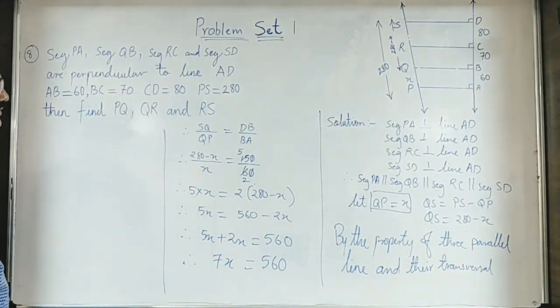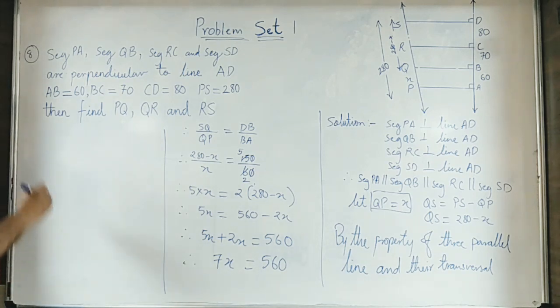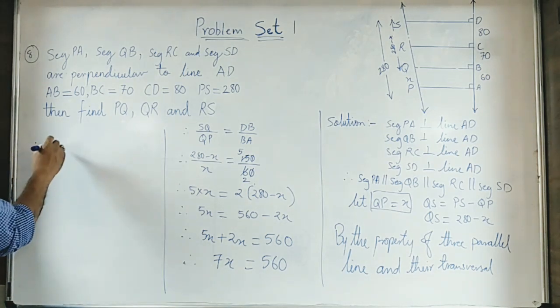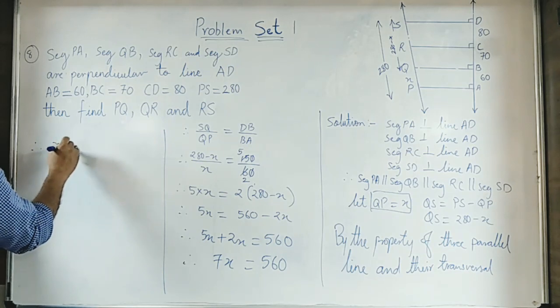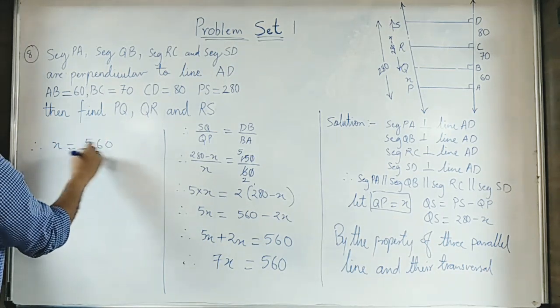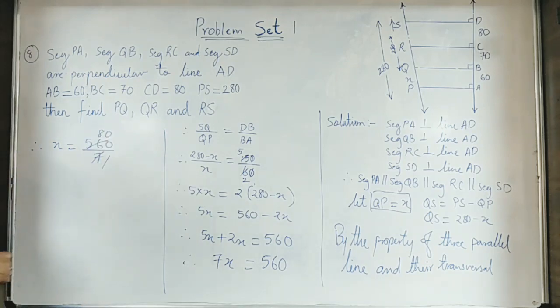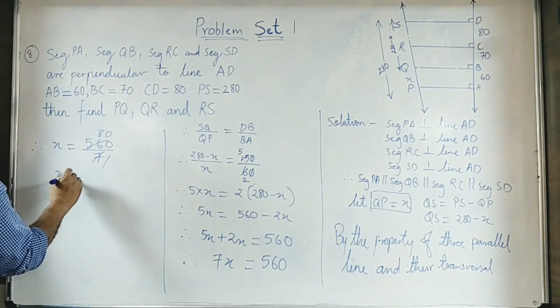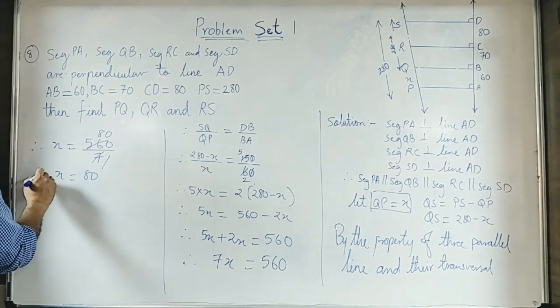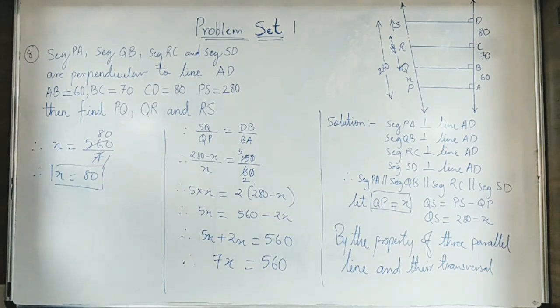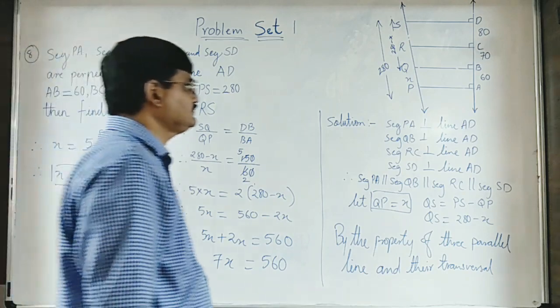Now I bring that 7 down and divide, so x is equal to 560 upon 7. 7 eights are 56, so you get 80. The value of x is 80.